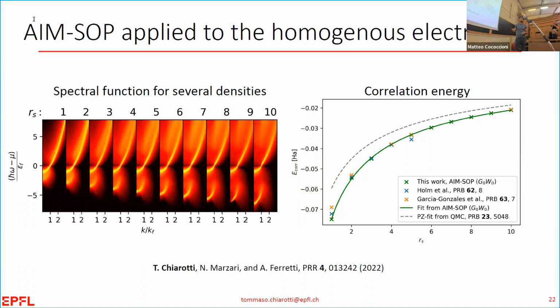The point of this is that the physics of the electron gas is very plasmonic at these densities. So GW is okay in some sense, and we wanted to test our formalism, the sum over poles, the algorithmic inversion, on all of this, and it works.